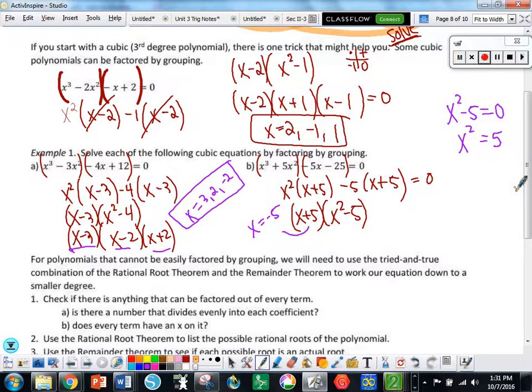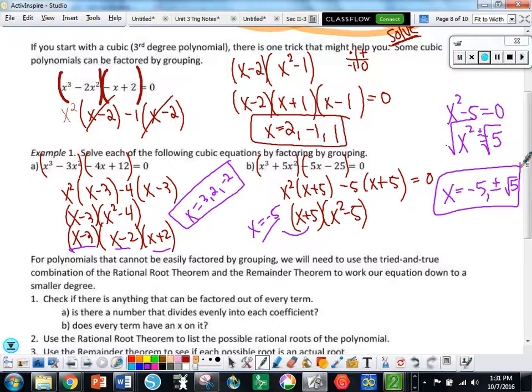You square root it. But if you are the person putting the square root on, you have to do a plus or a minus. That's how the plus or the minus happens in the quadratic formula. So x equals negative 5 from right here. From here, it equals plus or minus the square root of 5. And that's all 3 solutions.